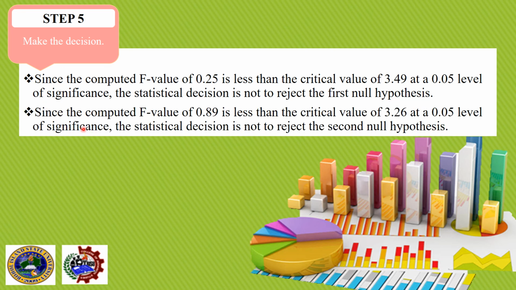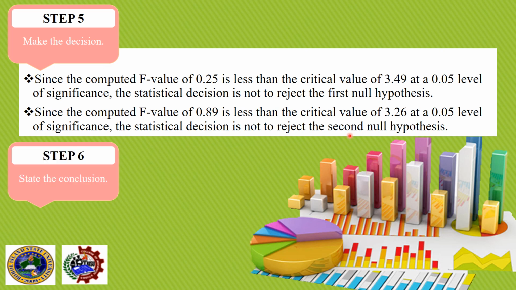Second, since the computed F value of 0.89 is less than the critical value of 3.26 at a 0.05 level of significance, the statistical decision is not to reject the second null hypothesis.